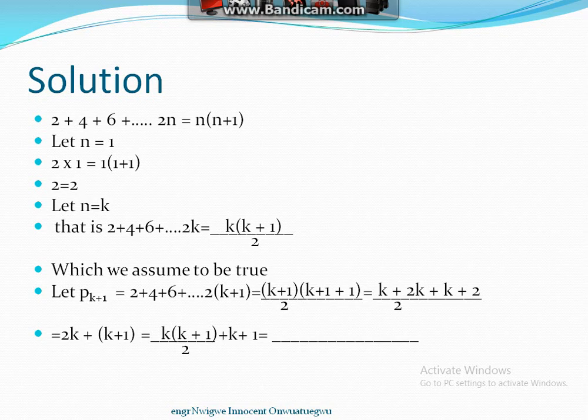If you bring out the items that have 2 and divide by 2, we arrive at k in bracket k plus 1 plus 2 in bracket k plus 1 all over 2. So if you open the brackets, we'll have k squared plus k plus 2k plus 2 all over 2.